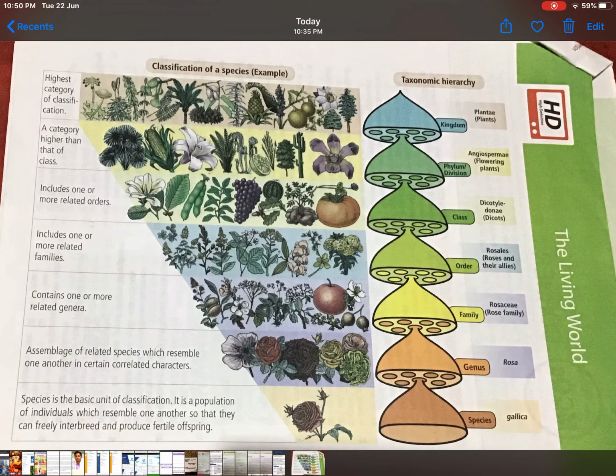Monographs will give us information on any one taxon, out of species, genus, family, order, class, phylum, kingdom. Manuals, on the other hand, give information for identifying species in a given area.